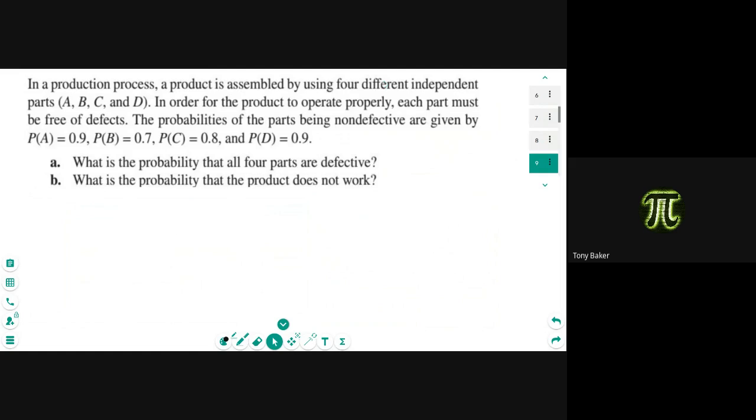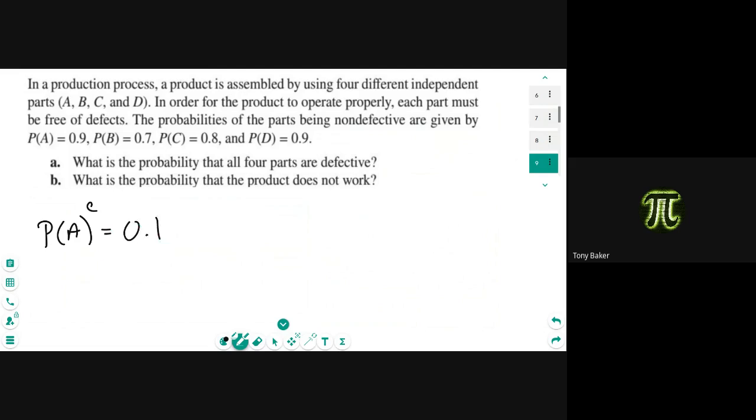How do we figure that out? What's the probability that A is defective? 0.9. That's the probability that it's not defective. So that is 0.1.